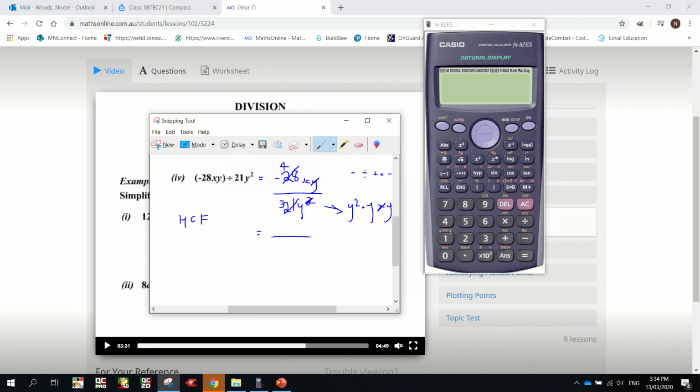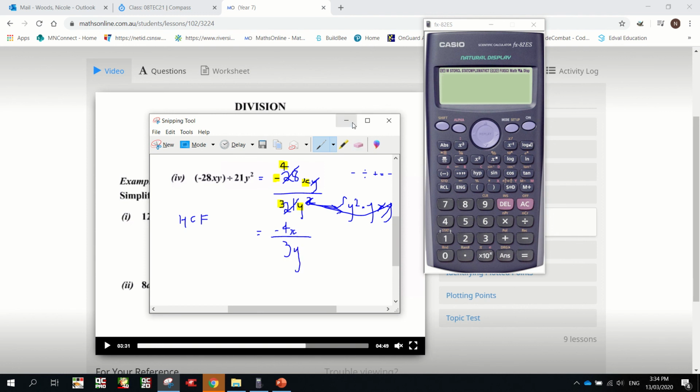So there's 2 of them. We're only getting rid of one of them, so it's leaving this one here. Okay, so what are we left over with? Well, a negative 4x over 3y. Negative 4x over 3y.